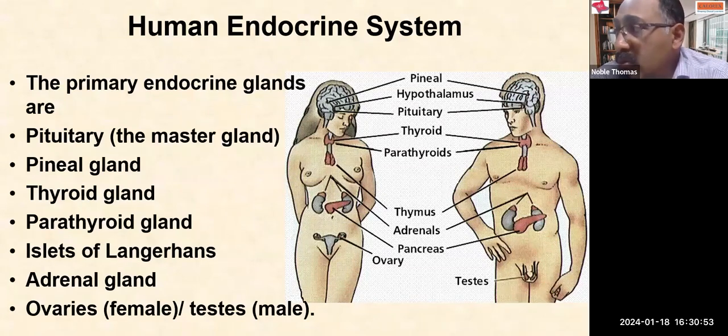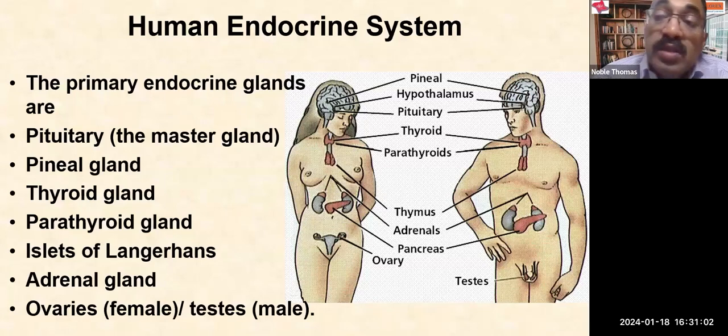Then it also produces ACTH, adrenocorticotropic hormone, and ADH, antidiuretic hormone, which is also called vasopressin. We studied that in the excretion topic, that it will have an effect on the kidneys in the absorption of osmoregulation. That means absorption of water and retention of water in the body. Yes, it will have an effect on that.